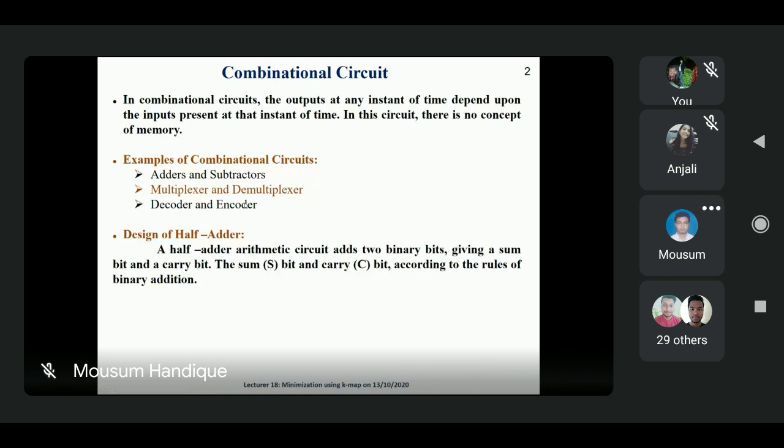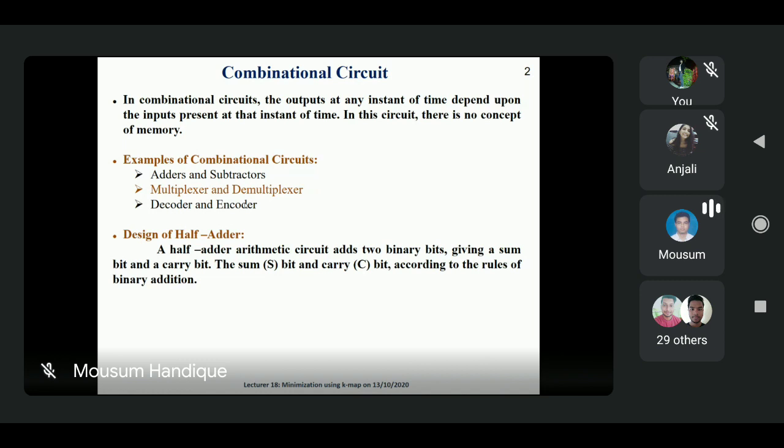Okay. And after that, if we get some particular concept or logic, you can design your own combinational circuit.